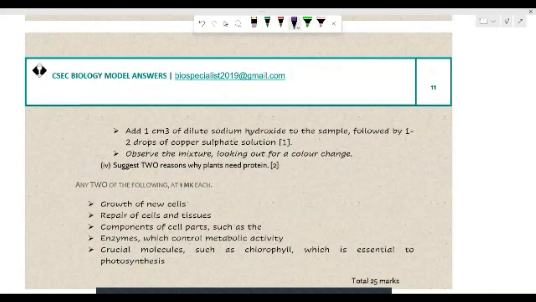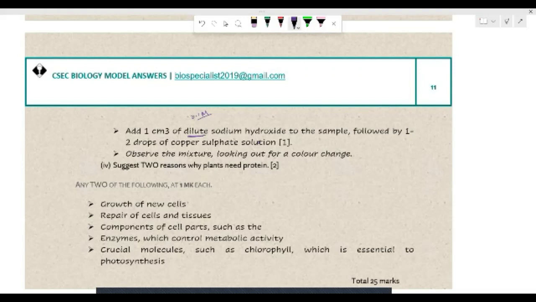You're adding 1 cm cubed of dilute sodium hydroxide. Dilute, please dilute. For the chemistry people, that'll be about 0.1 M, right? And you're going to add about 1 to 2 drops of copper sulfate solution, right?